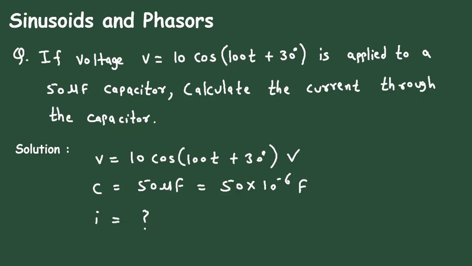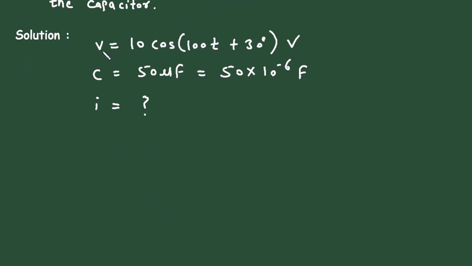Now if we compare this voltage equation with the standard equation, the standard equation is V is equal to Vm cos (omega t plus phi), where this Vm is the amplitude or maximum voltage.